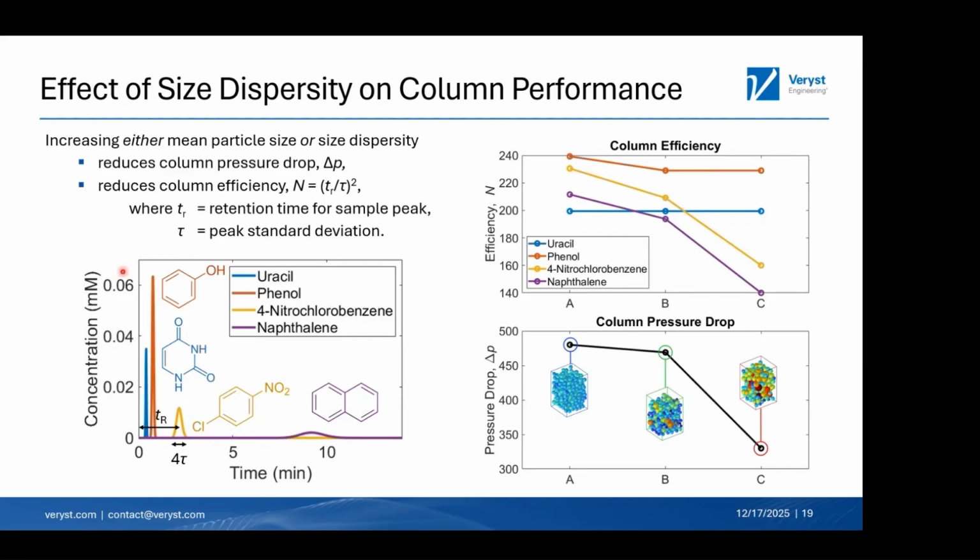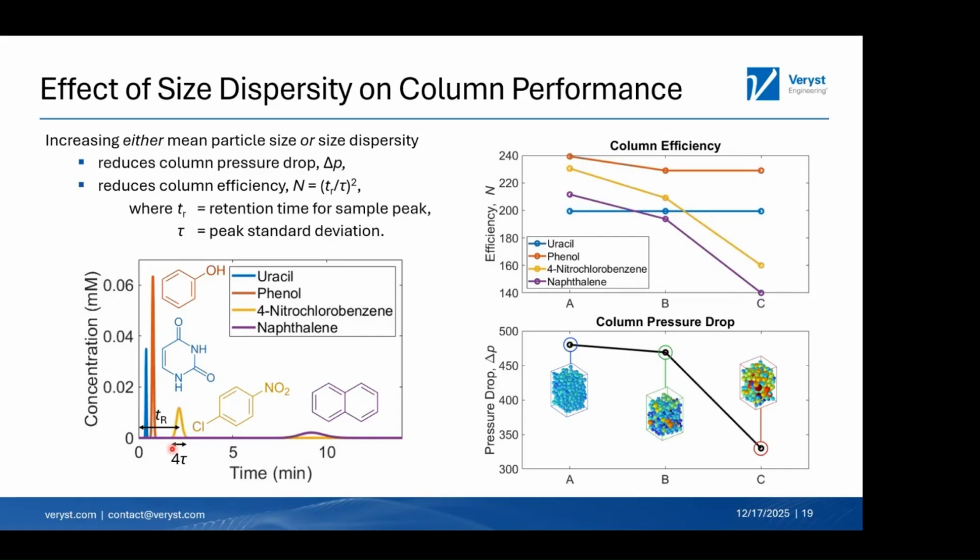So on the left is the detected concentration as a function of time. The efficiency of the column is determined by the ratio between the retention time and the width of the base of the peak. So I'm showing four different molecules here. The width of the base of the peak is roughly 4 times the standard deviation.